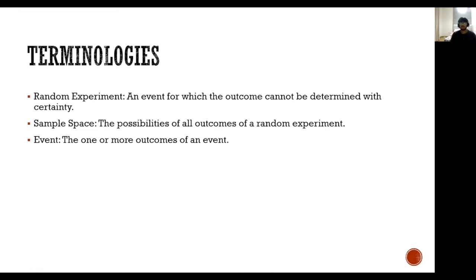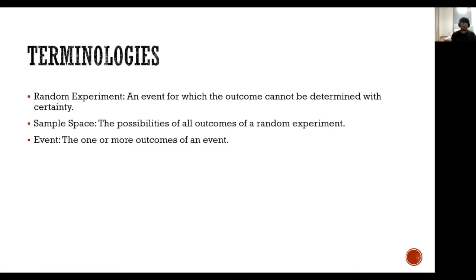So let's go on over to some basic terminologies of probability. So you have random experiment. A random experiment is basically an event for which we cannot determine the outcome with certainty. Again, flipping a coin, we can't always tell whether it's heads or tails perfectly.